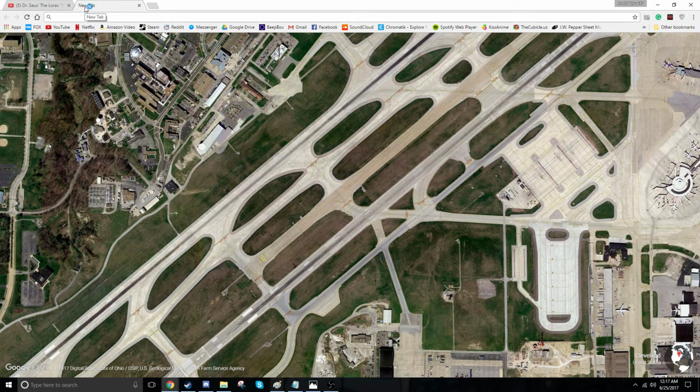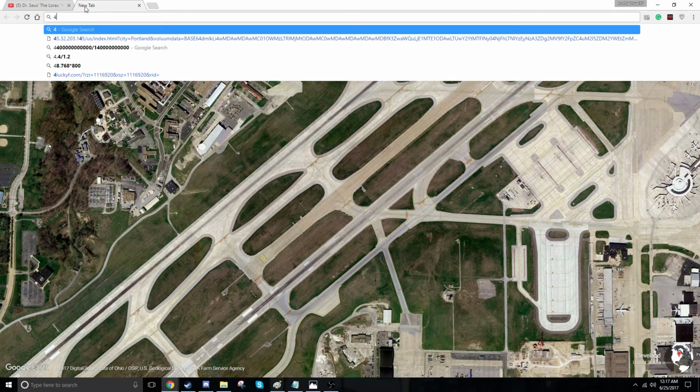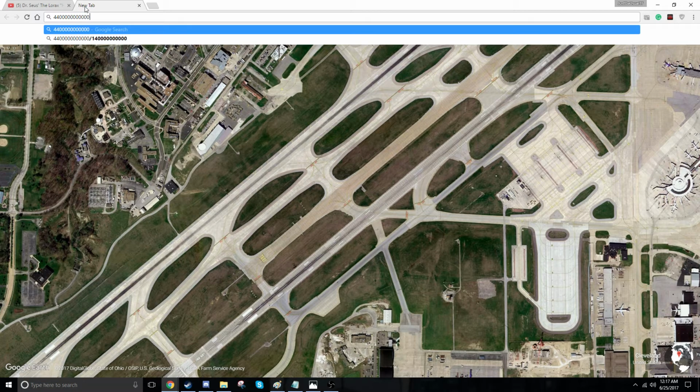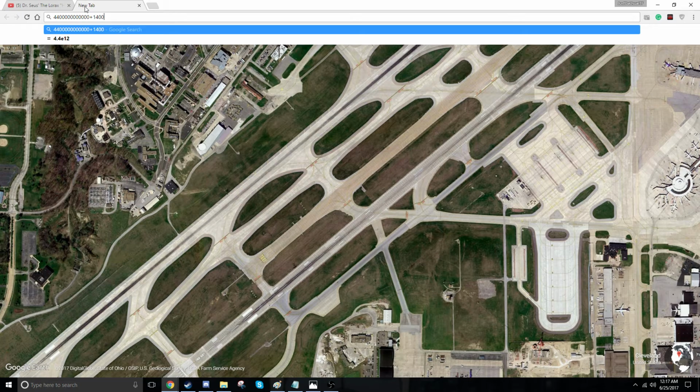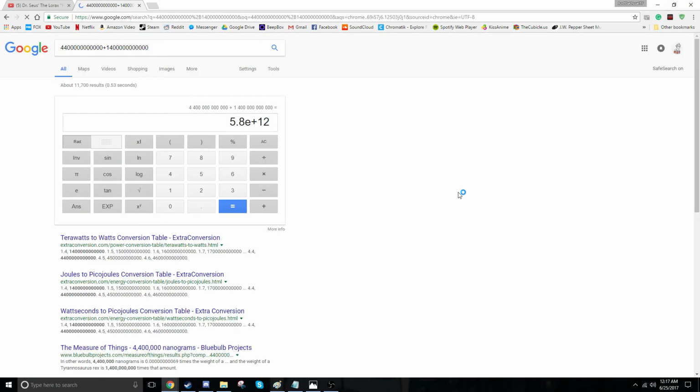But let's get dark. Let's assume that his 4.4 trillion is added to the 1,400,000,000 gives us 5.8 trillion.